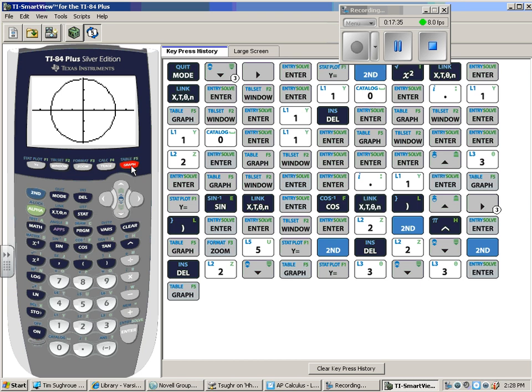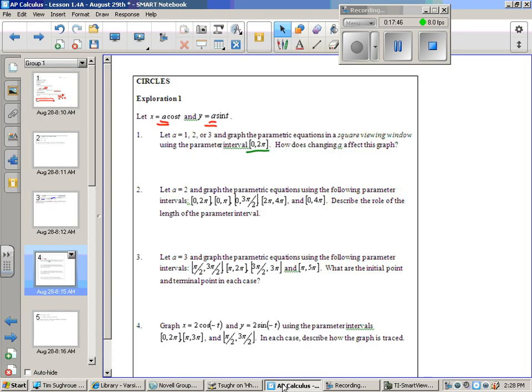Now it makes the process of writing these circles much, much easier. Okay? Let's go back to this problem. It says, how does changing A affect this graph? It changes the value of the radius.